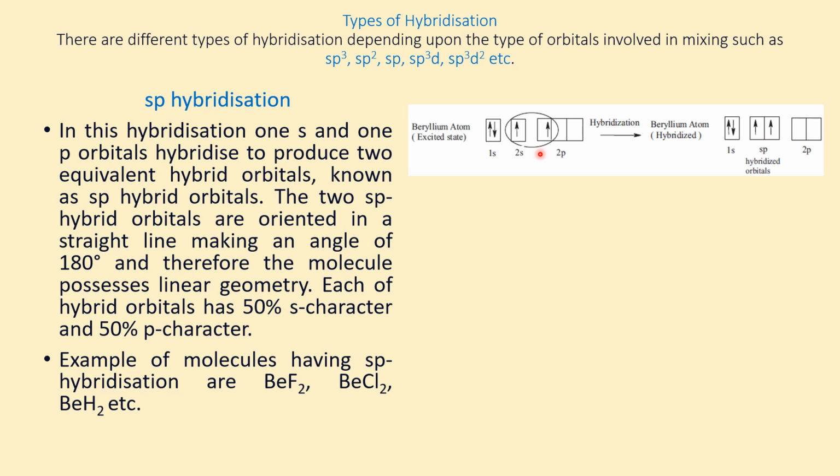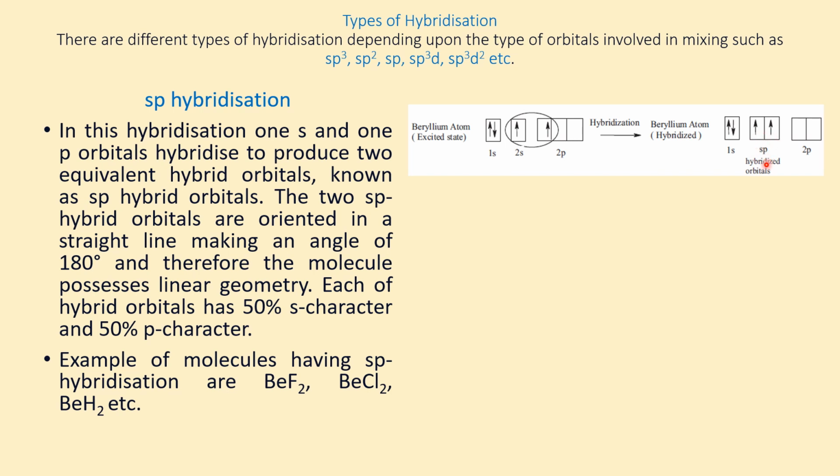One 2s and one 2p orbitals get hybridized to form two sp hybridized orbitals. So this is the hybridized orbital.